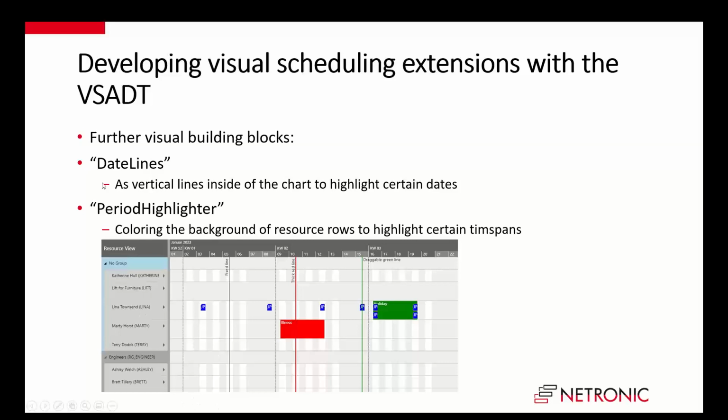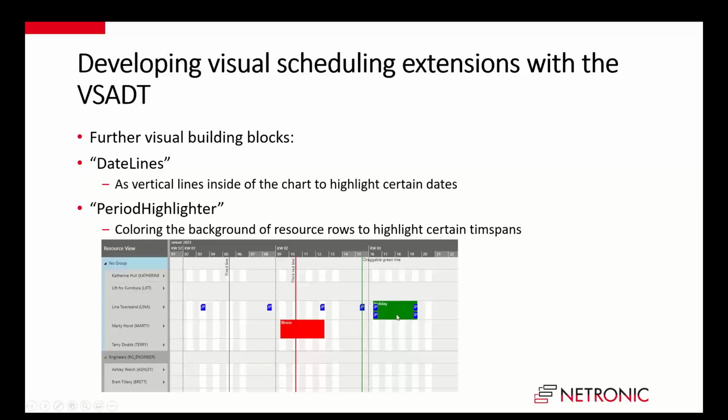The second thing we have is the so-called period highlighters. In the background of these resources, I already told you that there are gray and white areas representing working and non-working times. But sometimes you want to explain that certain timeframes have certain reasons.